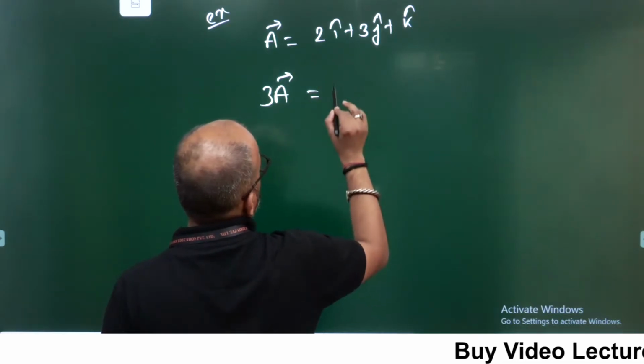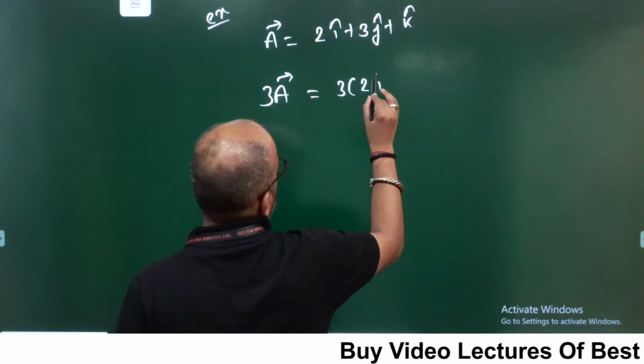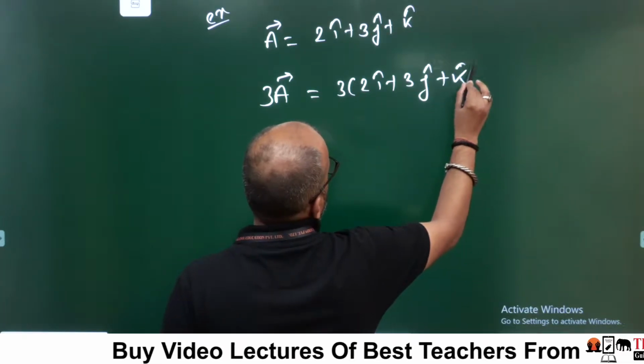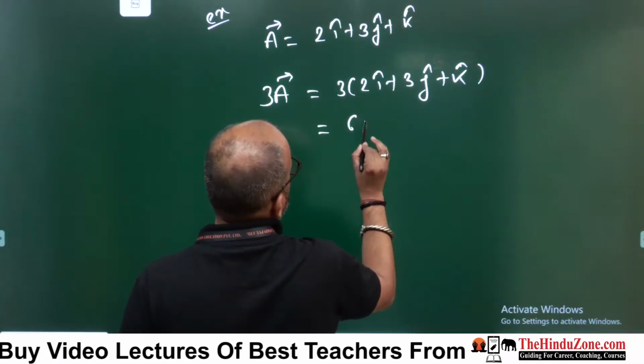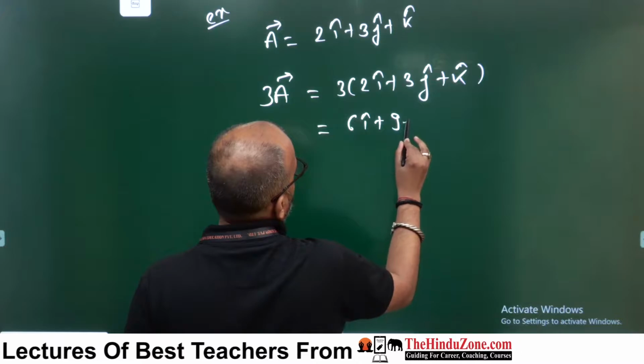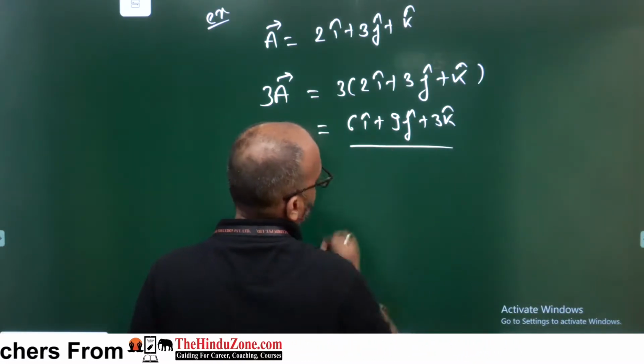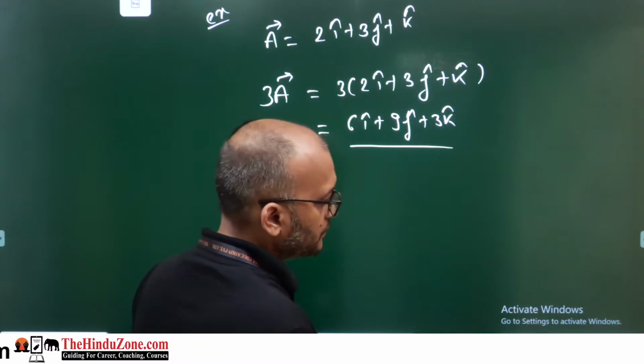So what you have to do, just multiply 3 with this vector. So answer will be 6i plus 9j plus 3k.